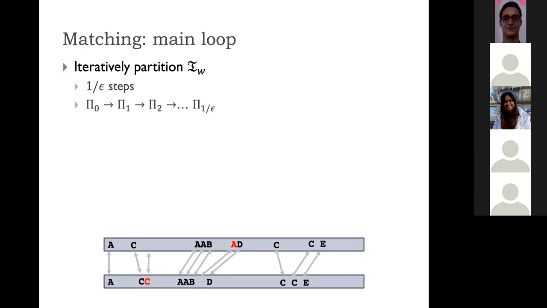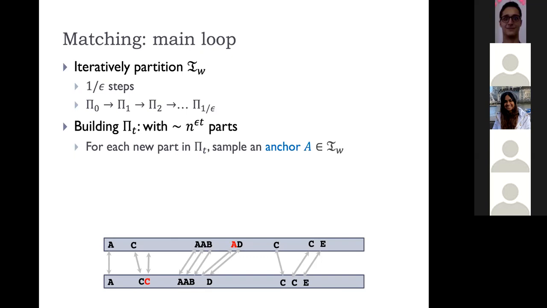Each of these steps introduces some constant error, meaning we lose a bunch of the matches that should exist, proportional to the error so far. But the number of steps is constant, so that's fine. You can already see that this gives at least an exponential in 1/epsilon approximation, because each time we do this step, the error at least doubles, for example.